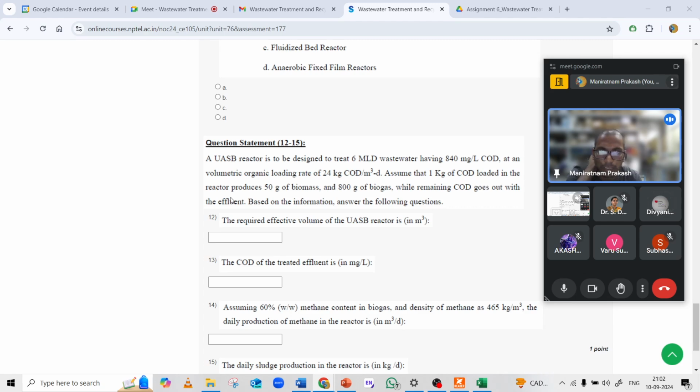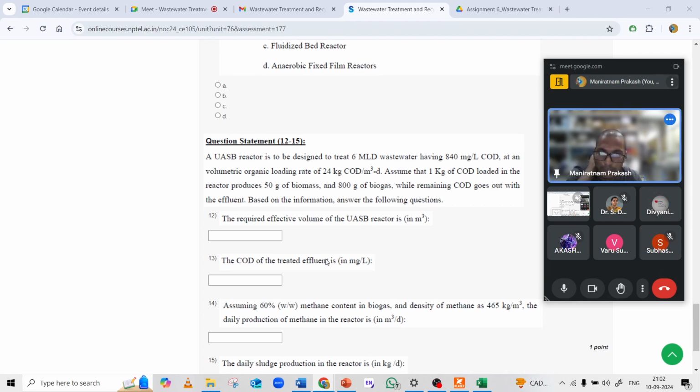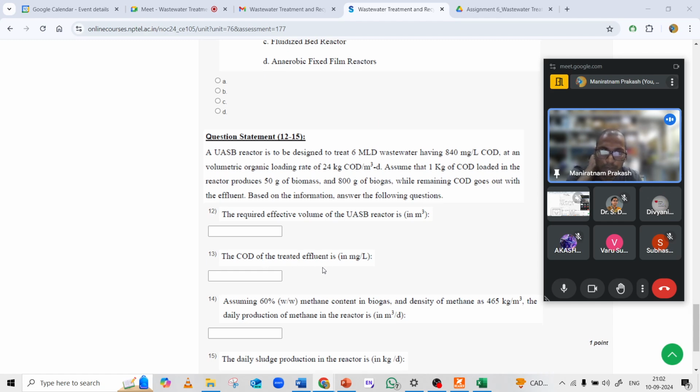Assume 1 kg of COD loaded in the reactor produces 50 gram of biomass and 800 gram of biogas, while the remaining goes out as effluent COD of the treated effluent. So here you can see that of 1000 gram of COD loaded, 800 gram is converted into biogas and 50 gram into biomass.